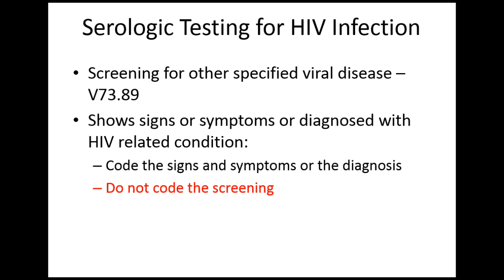Coding for screening or testing for HIV is for a patient who is asymptomatic without a prior diagnosis of HIV infection or positive HIV status, or a person who is HIV positive requests testing to determine their HIV status. So code V73.89 is used in these conditions. If the individual shows signs or symptoms or is diagnosed with an HIV-related condition, you would code those signs and symptoms or the diagnosis, and you would not code the screening condition code.